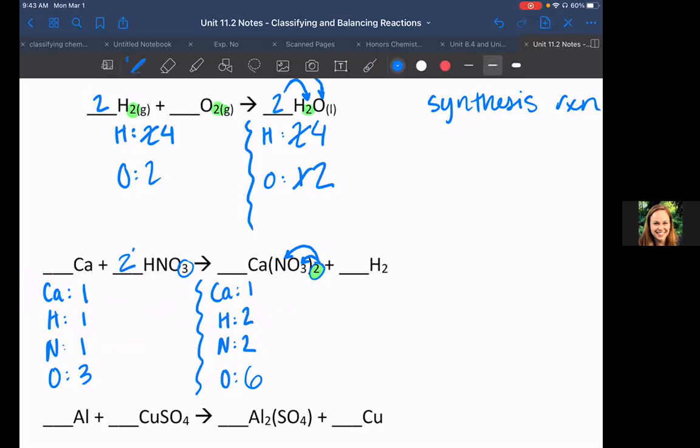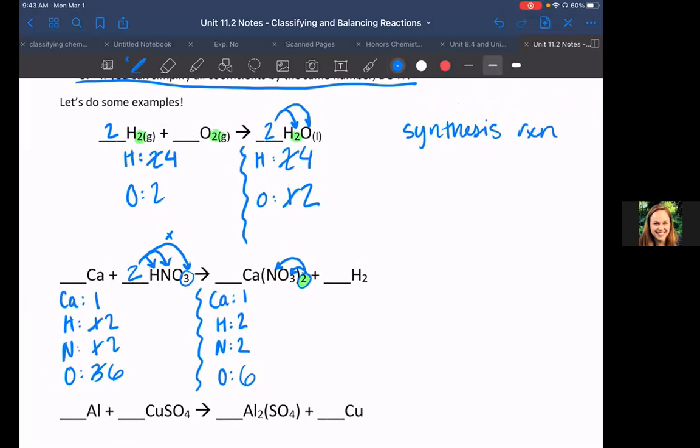Now, if I reassess, I have 2 hydrogens, 2 nitrogens, and then you also have to multiply the coefficient out in front by the subscript. So 2 times 3. So I'm just going to put a multiplication sign to remind myself. 2 times 3, which is 6. If you look, now all of our quantities are equal. So we only have to change one coefficient for this reaction. Ask yourself, what type of reaction do you think this is?